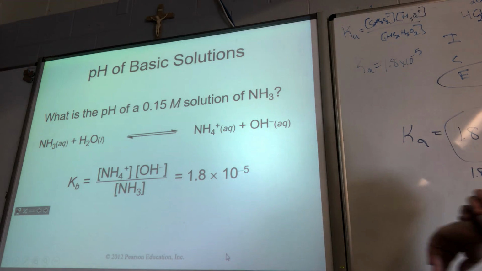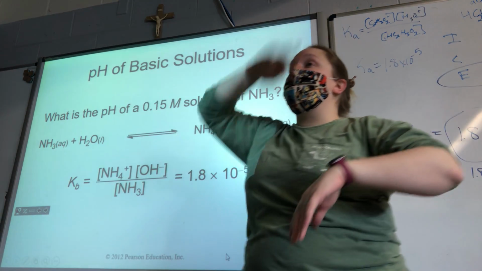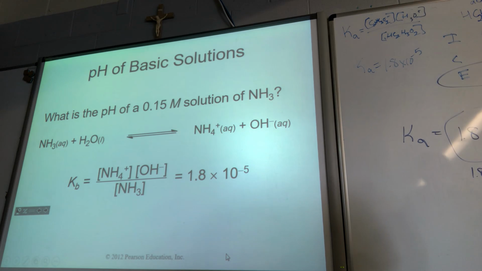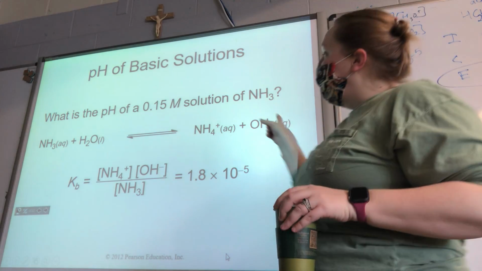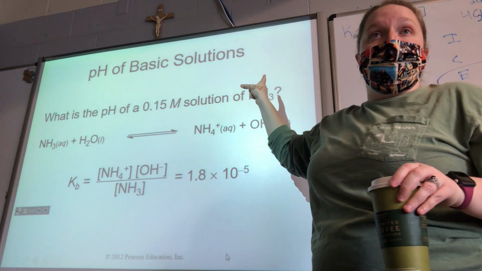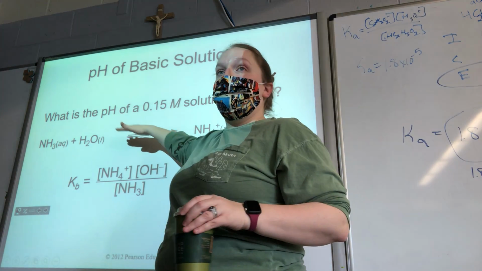Okay, so here we are. We have a question. It says, what is the pH, pH, not pOH, of a solution that is 0.15 molar in concentration of NH3? So we start with our balanced equation, right?